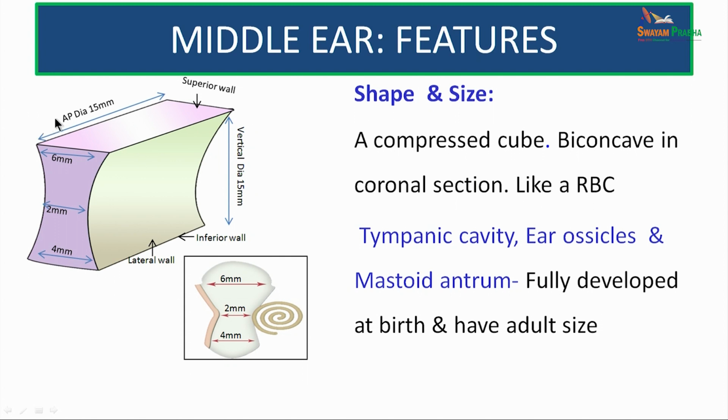The anteroposterior diameter as well as the vertical diameter is more or less 15 millimeters, and looking at the transverse diameter, the roof is slightly larger than the floor and it is highly compressed in the middle region. The roof measures around 6 millimeters, the floor around 4 millimeters, and in the midline approximately 2 millimeters.